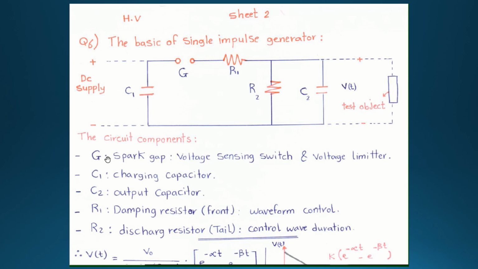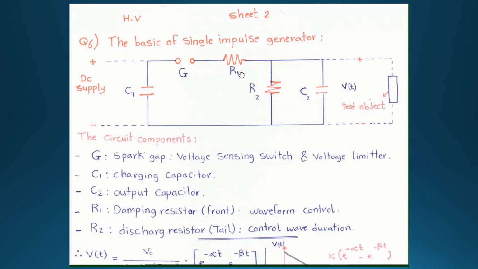That is the main duty of capacitor C1. In the single impulse generator, we have a group of capacitors that charge in series and discharge in parallel.